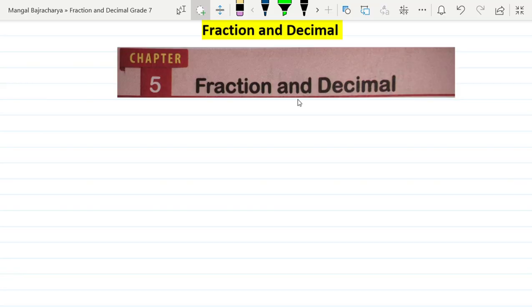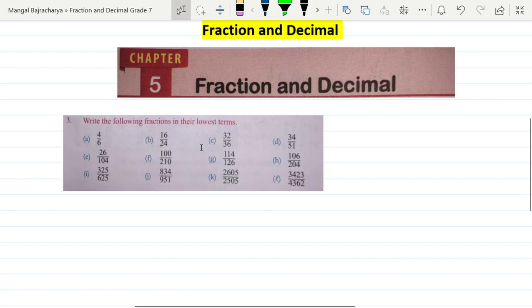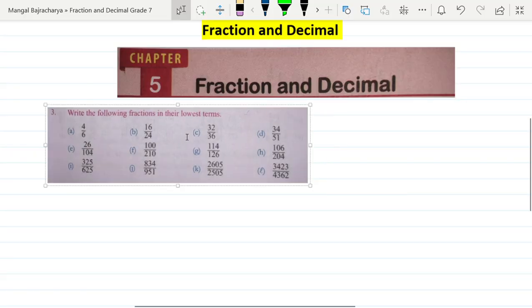Okay, so I'm going with number 3 now. So let's see what is said in here, number 3. Okay, so here it says to write down the following fractions in their lowest terms, right? So here a few fractions are given, right?